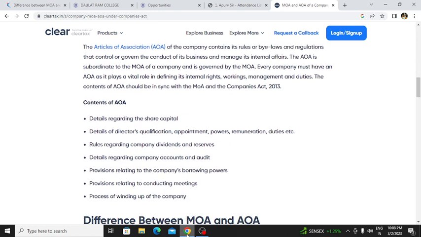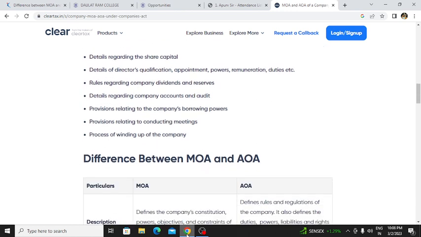Every company must have an AOA as it plays a vital role in defining its internal rights, working management, duties, etc. जितनी भी companies हैं, AOA में important role is that internal rights, working management, duties, etc.